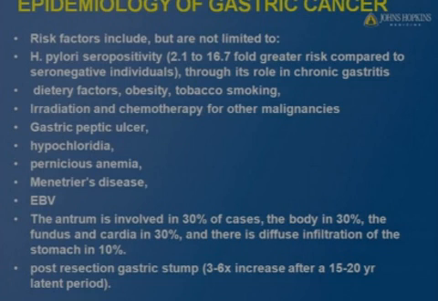There are many risk factors, with H. pylori seropositivity being the highest risk factor, up to 17-fold increased risk compared to negative individuals. That is through its role in chronic gastritis. Prior radiation or chemotherapy for other malignancies, dietary factors, obesity, tobacco smoking, a history of gastric peptic ulcer, hypochlorhydria, pernicious anemia, Menetrier's disease, and Epstein-Barr virus can all be counted as risk factors.